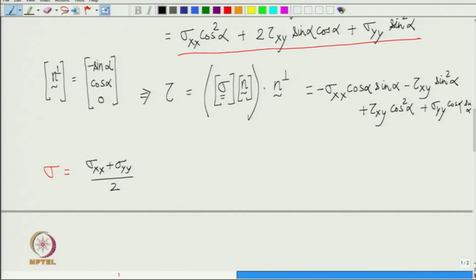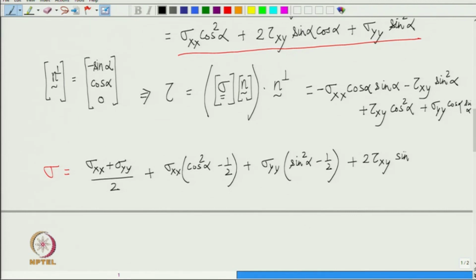So, I added something, so I have to subtract that also, plus sigma xx into cos square alpha minus 1/2, because sigma xx by 2 was added and I subtract that, plus sigma yy into sin square alpha minus 1/2, right, very simple, plus 2 times tau xy sin alpha cos alpha, is not it?